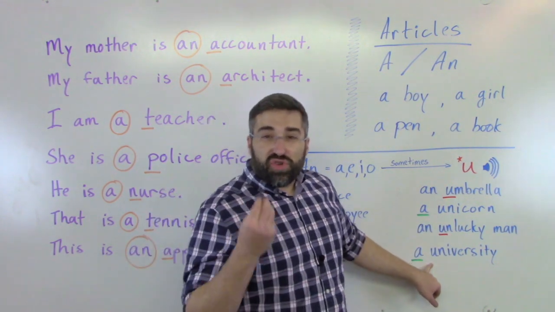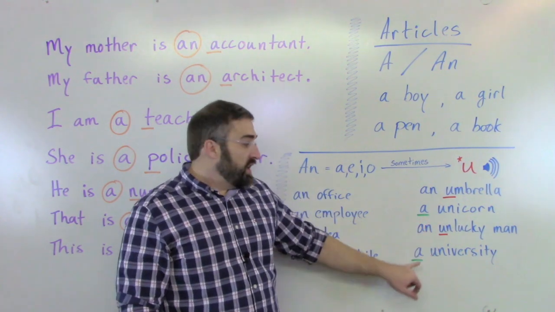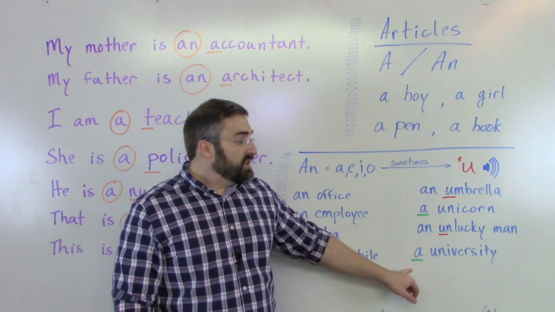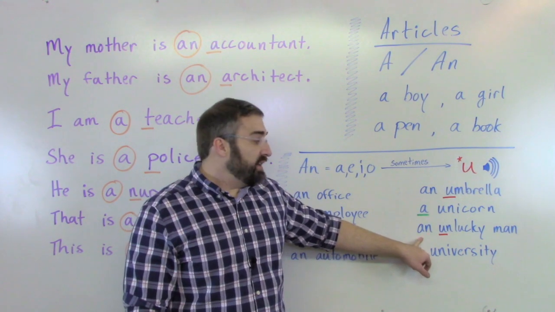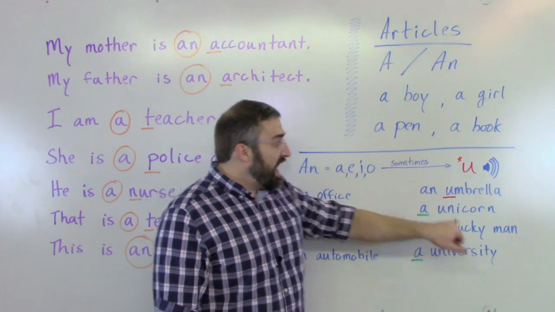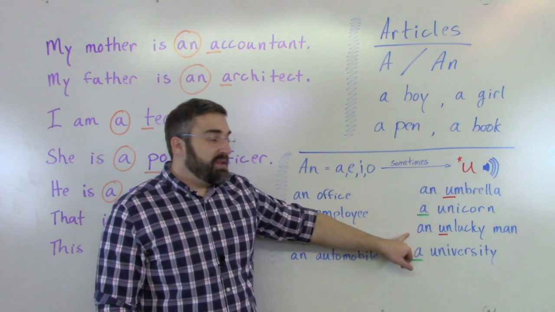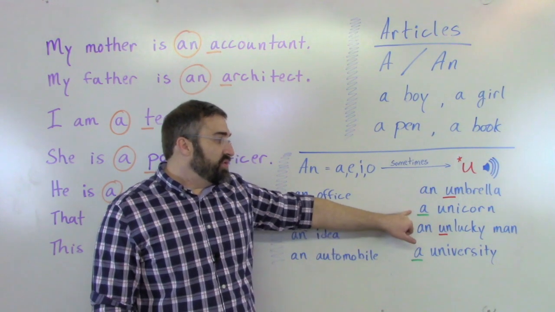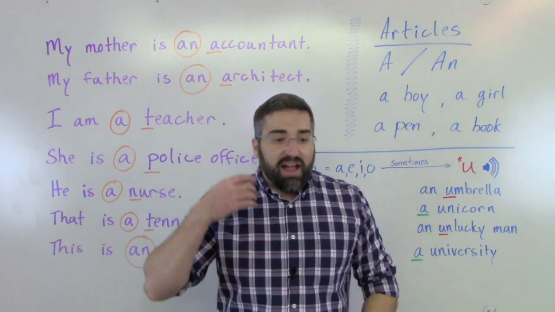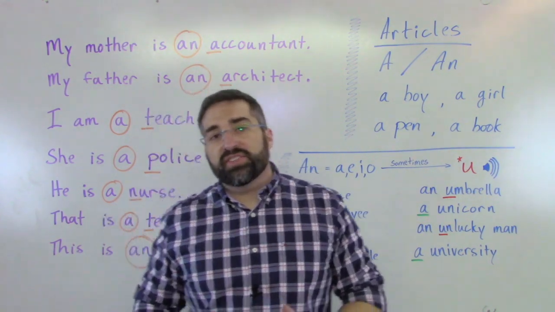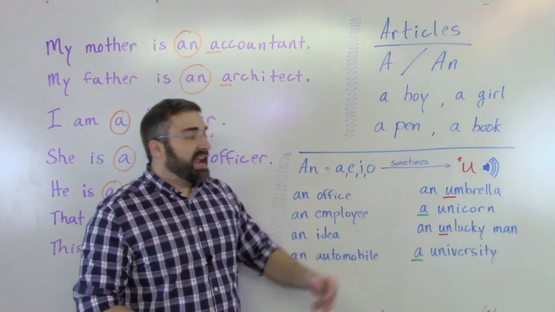So with the U sound, a unicorn, a university. An unlucky man. So again, an umbrella, an unlucky man, a unicorn, a university. So you have to listen to that particular sound to know when we use a or an.